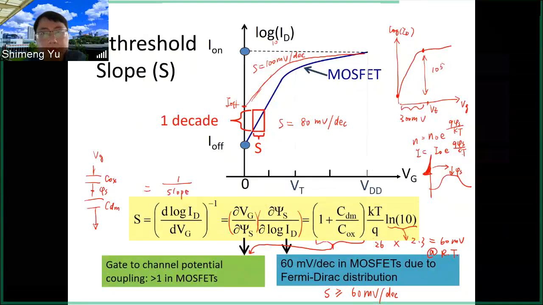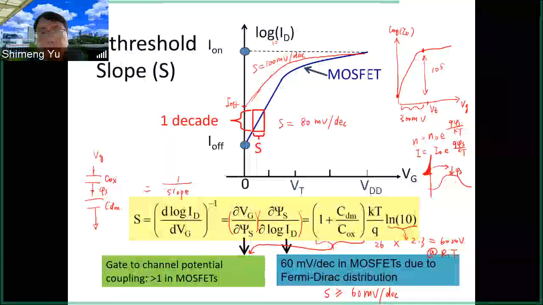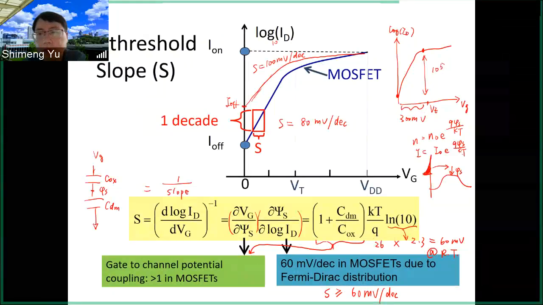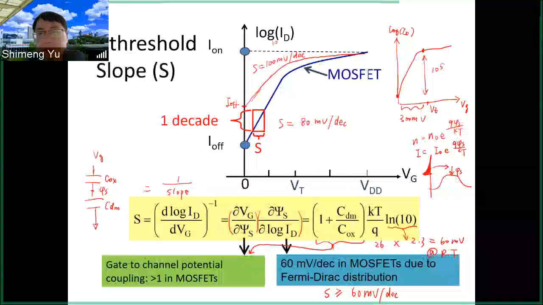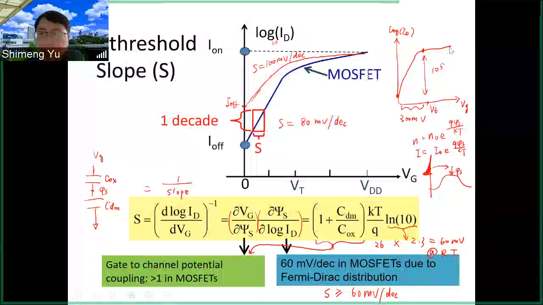That is minimal. So this is what we have to provide for the transistor to be functional. And that will limit the scaling of the transistor because you have to maintain 300 millivolts or 400 millivolts.